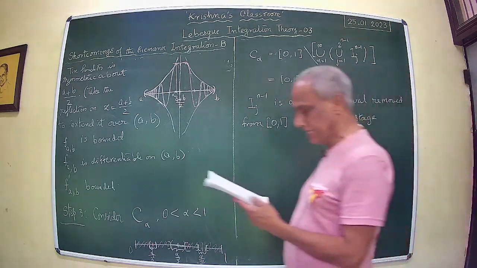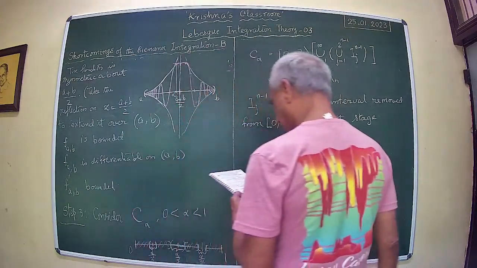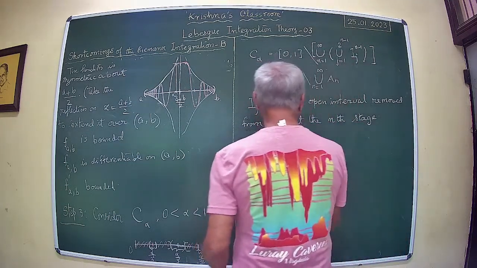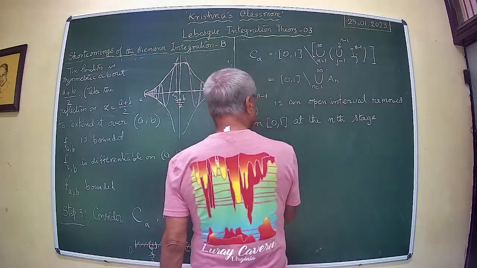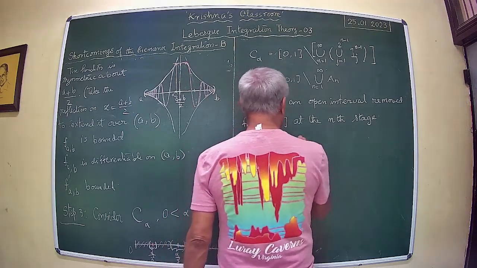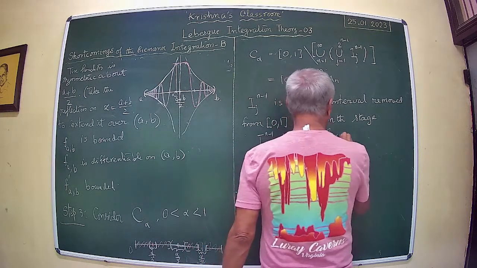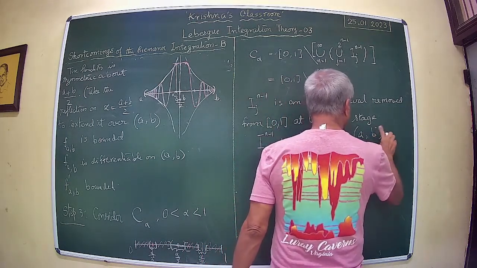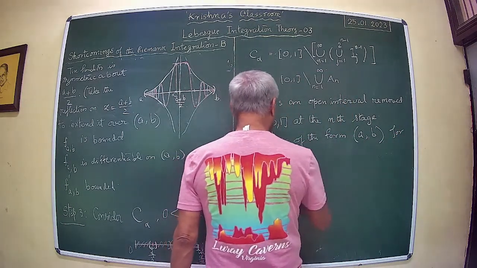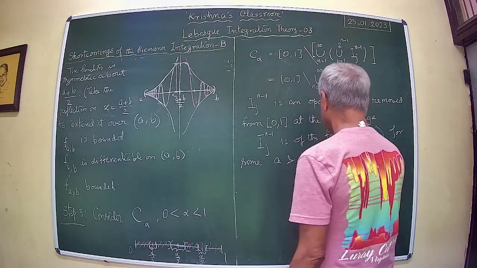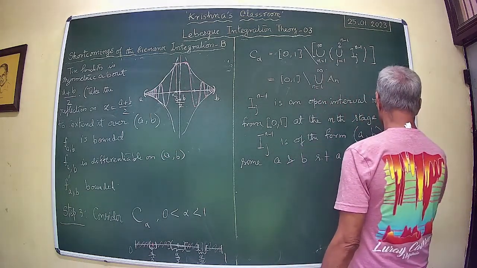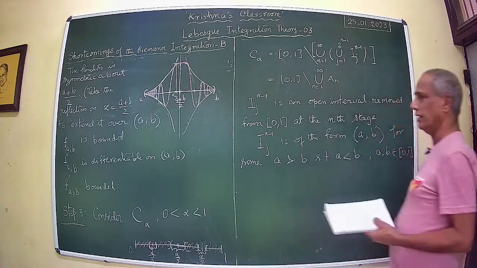Now what we do is, this is of the form some a and b, such that this is what you have.